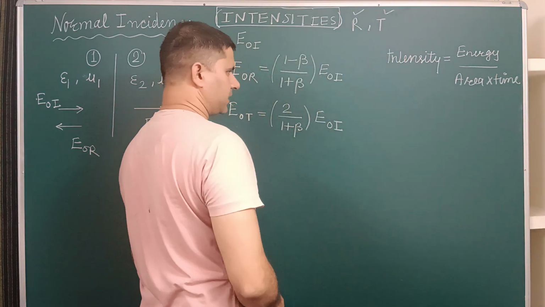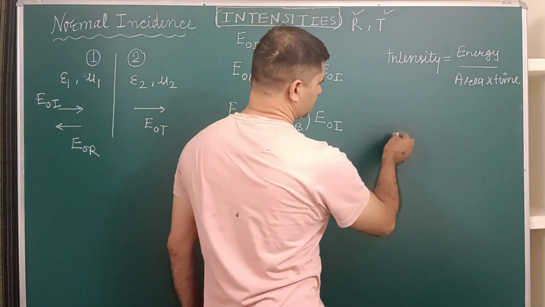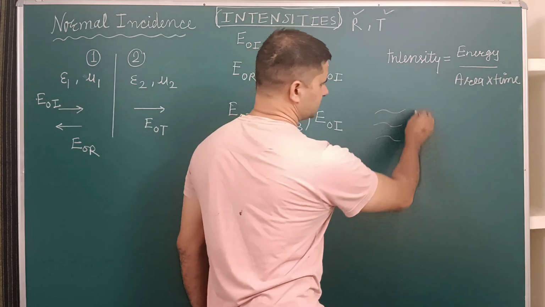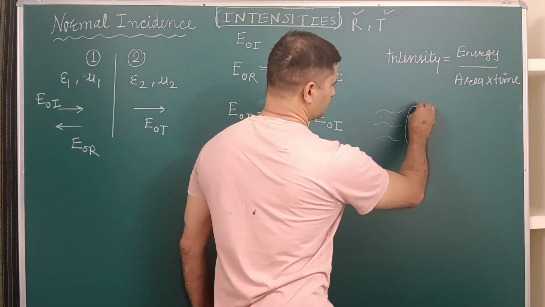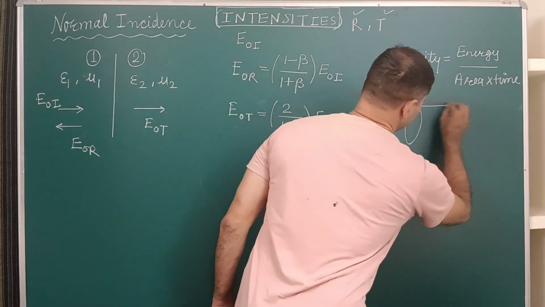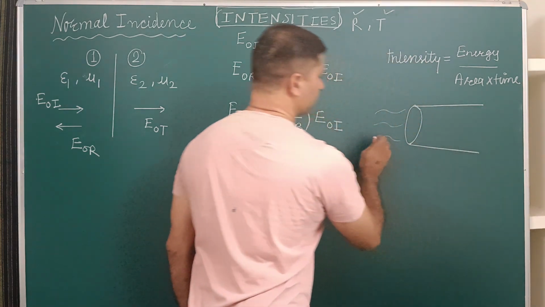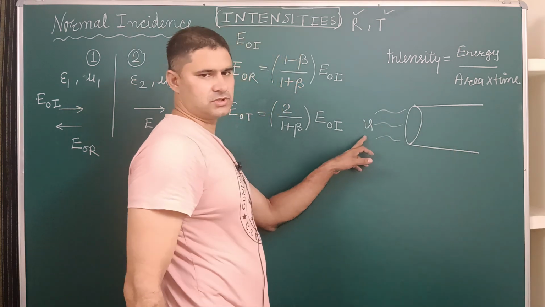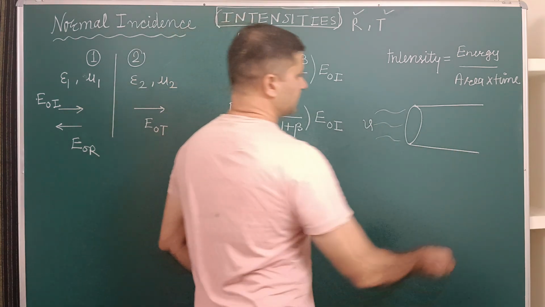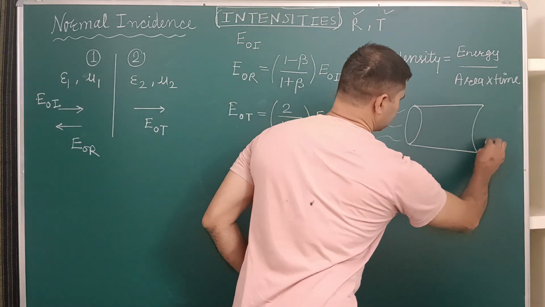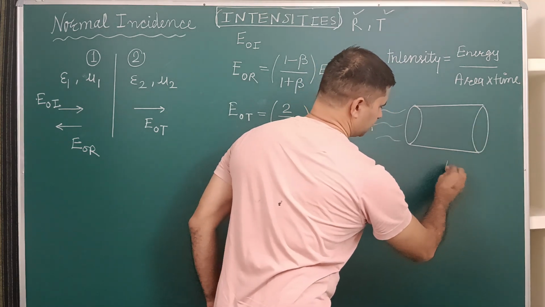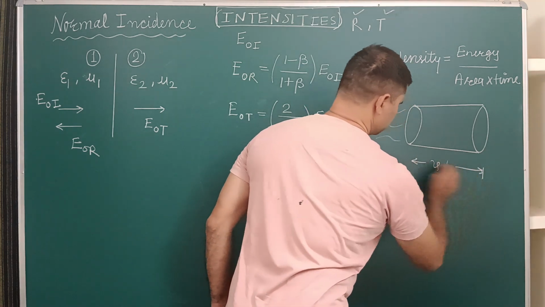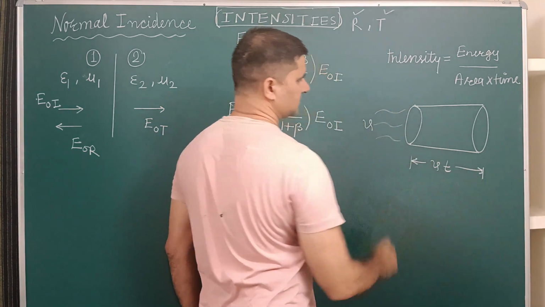If I have an electromagnetic wave traveling in this direction, and I have a cross section here, and the electromagnetic wave is traveling in this medium with velocity v, then after time delta t, the distance traveled by the light is equal to this distance.